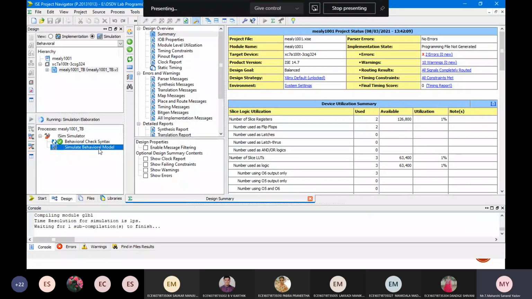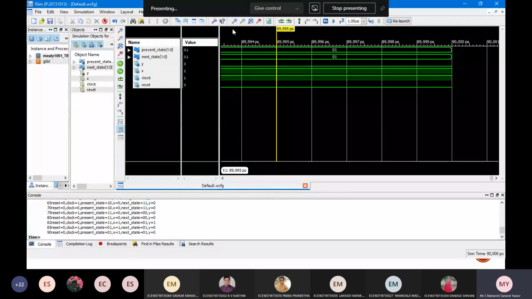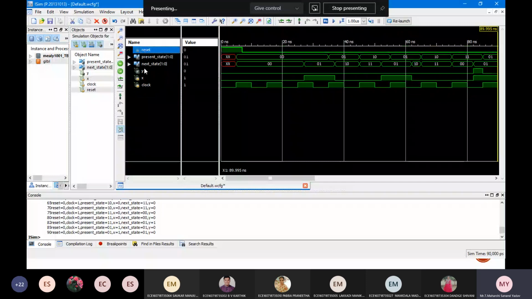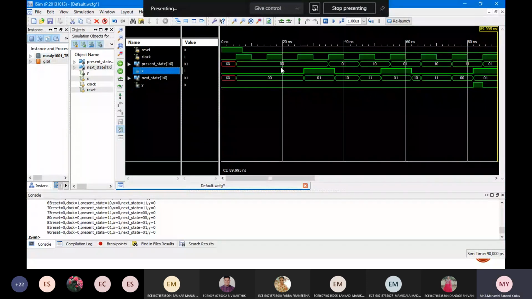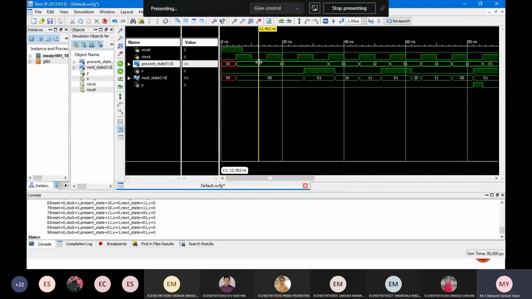Check syntax, simulate behavioral model. You can observe here: reset, this is clock for present state. For present state, when input X is equal to 0, it is going to 0, 0. So this is what will happen.